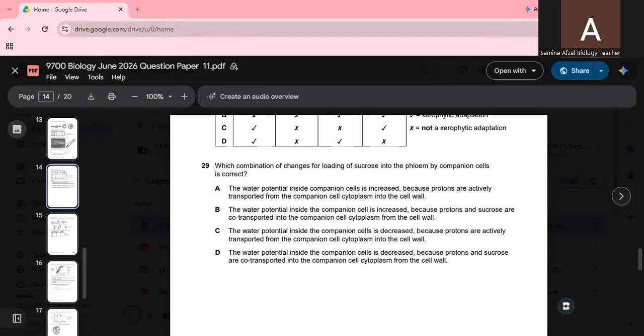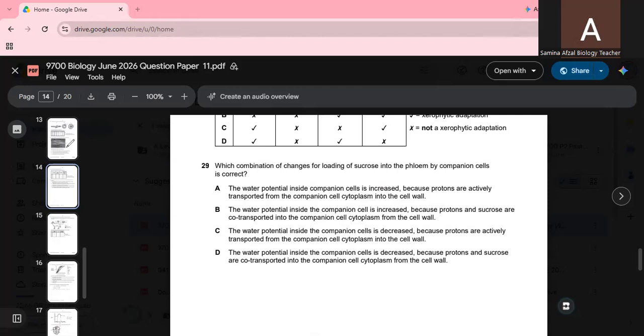Now, question number 29: which combination of changes for loading of sucrose into the phloem by companion cells is correct? The first option is that the water potential inside companion cells is increased because protons are actively transported from the companion cell cytoplasm into the cell wall.